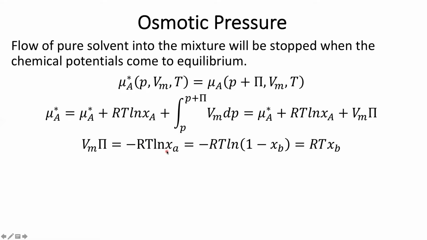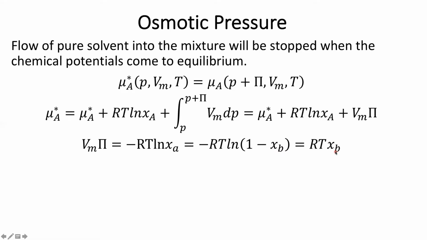But again, like with our boiling point elevations, we're going to be less interested in the mole fraction of the solvent and more interested in the mole fraction of the solute. And we're going to do a similar strategy by converting to the natural log of 1 minus the mole fraction, and then expanding out the natural log to get a term of just the mole fraction of the solute.